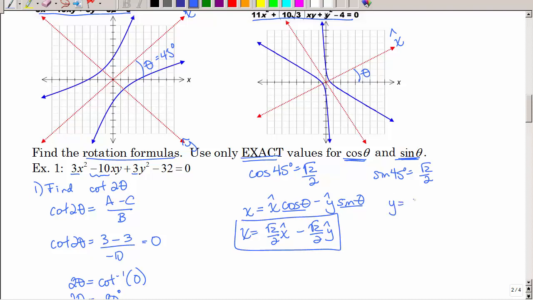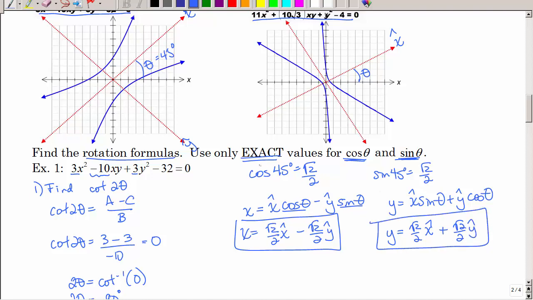And then I have my other one, which looks pretty much the same. So what is y? The same thing in this particular case, except with the plus sign, and that's because of that angle of 45 degrees and sine of theta and cosine theta being the same value. So when I say find the rotation formulas, this is what I'm looking for.